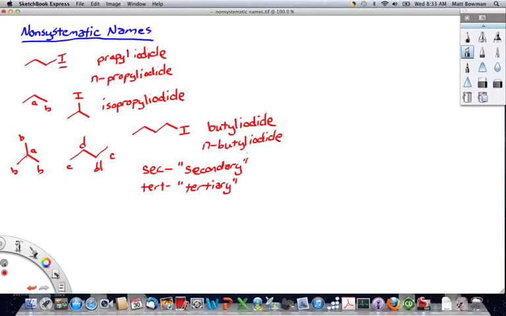Carbon B is attached to 1 carbon. Carbon A is attached to 1, 2, 3 carbons. Carbon D, if you notice, is the only secondary carbon amongst these different types of carbons. This molecule here is sec-butyl iodide.